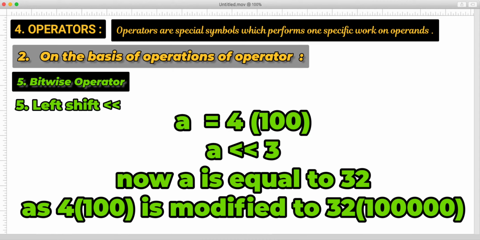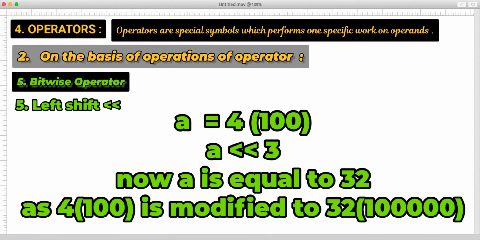Now here the binary code of 4 is 100, so it will add 3 zeros at the end, so the binary code will become 100000, and its decimal equivalent is 32. So here we can say that a is changed to 32 from 4. When you see the binary code, the previous binary code, that is 100, looks as if it has shifted to the left side by 3 digits.